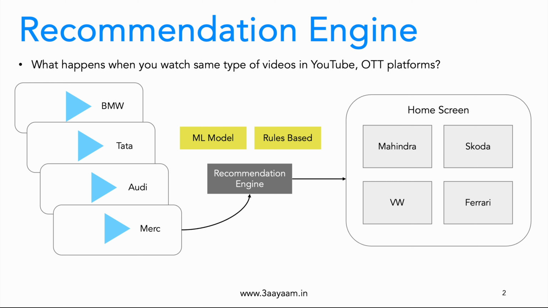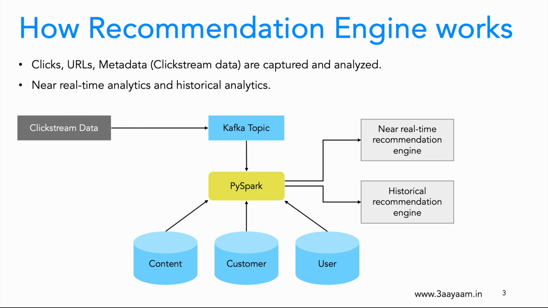As I said, recommendation engines can be implemented using machine learning models, or using rule based logic. In our case it will be rule based logic only. So how would the recommendation engine work in our case, as we are going to implement a rule based recommendation engine? First of all, the user activities are captured using something called clickstream data.